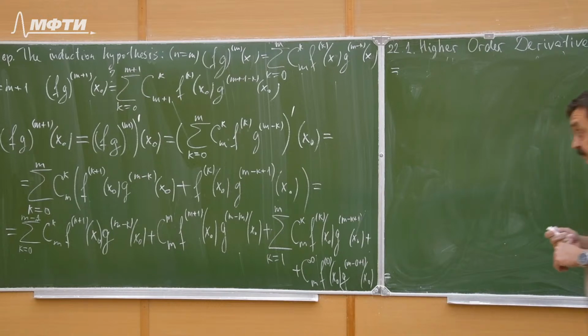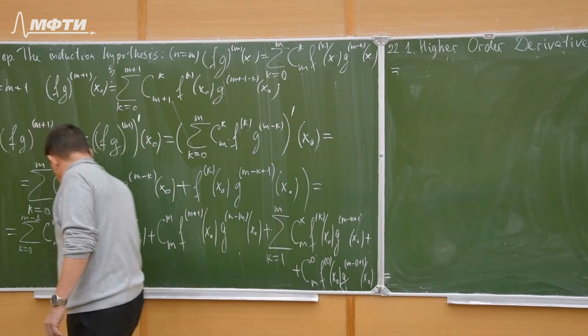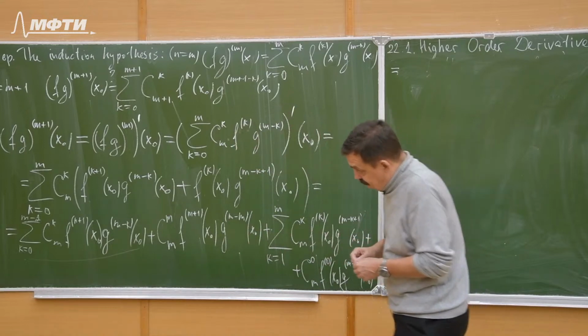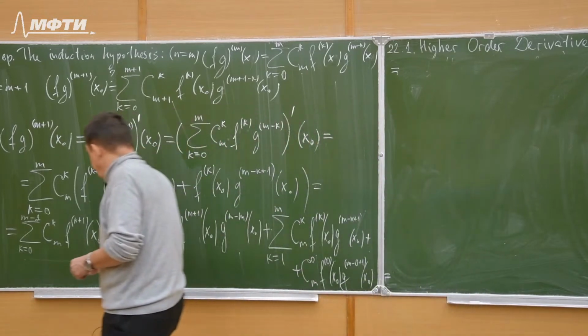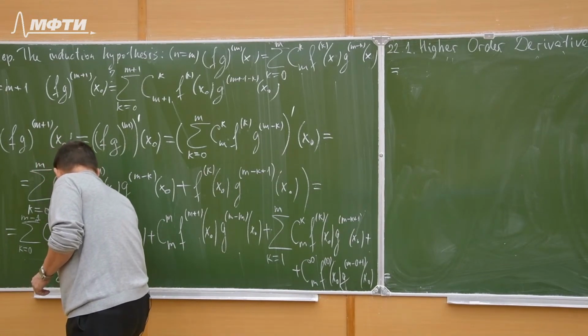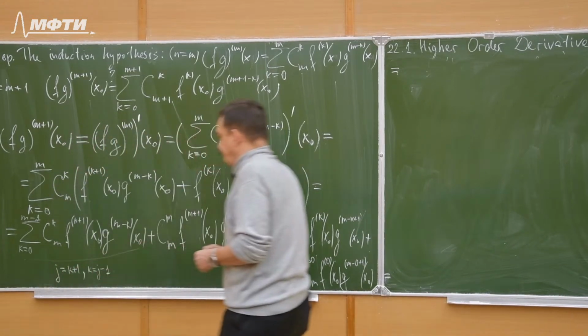But for the first sum, let me change here the summation index. So put j equals to k plus 1, or it means k is j minus 1.